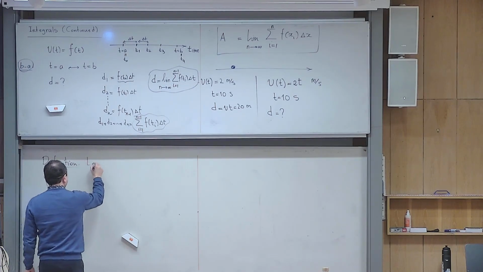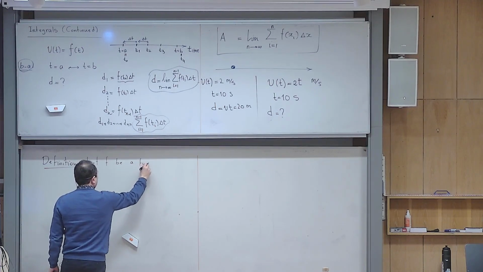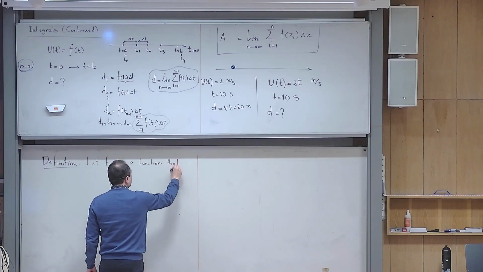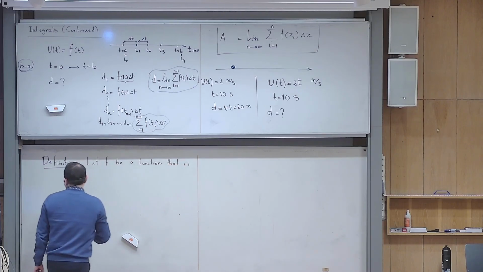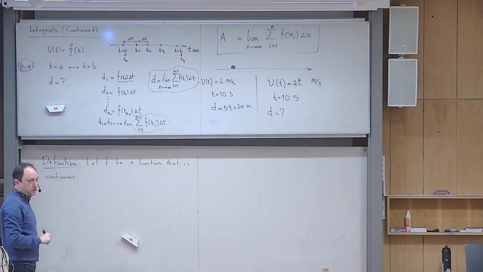So let f be a function that is continuous. Of course, in higher mathematics, you can also discuss what is happening if my function is not continuous, but that's not part of your lesson.